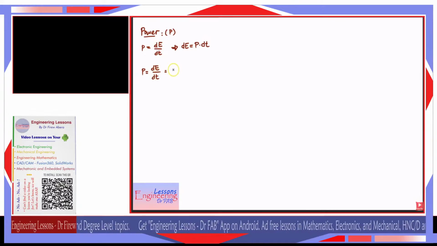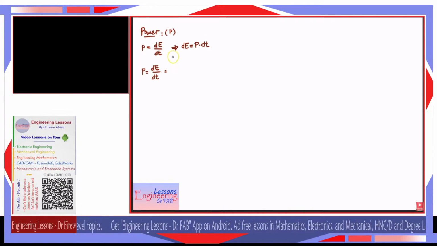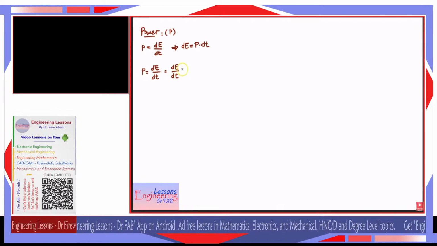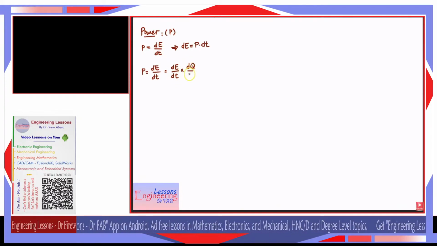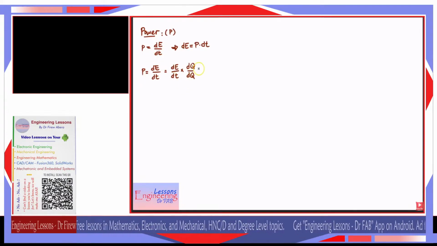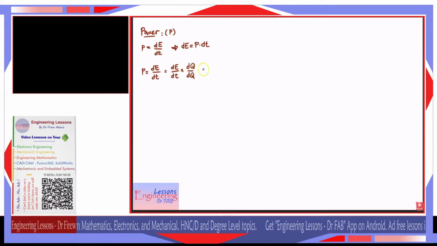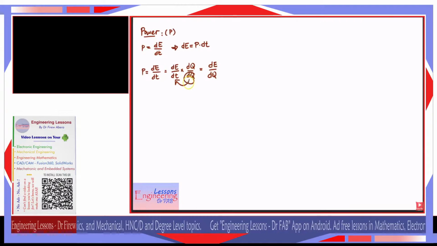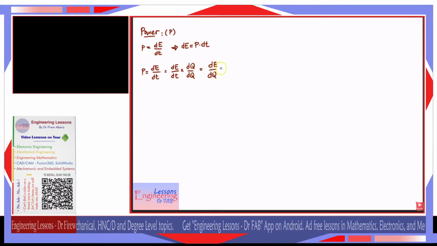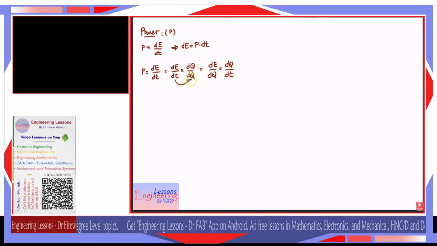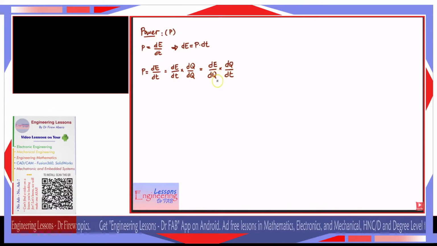If we multiply this by the following quantity, dq over dq, which does not change the original meaning or value of the ratio, then we can rearrange this as follows: dE over dq, times dq over dt.